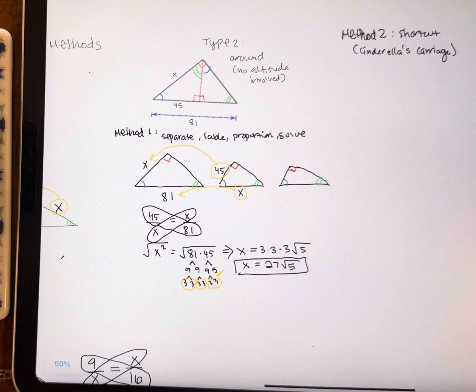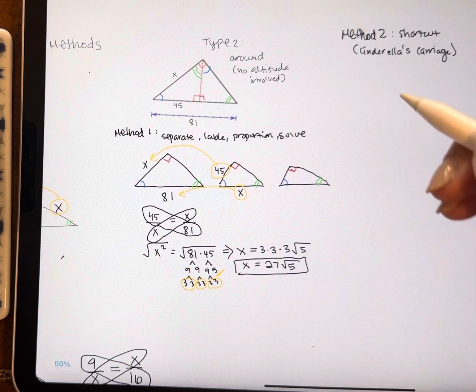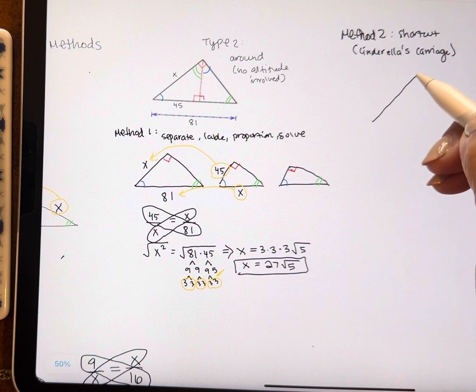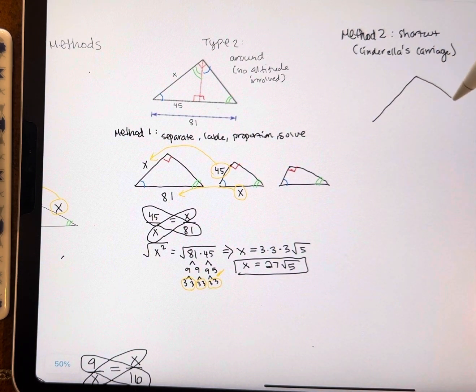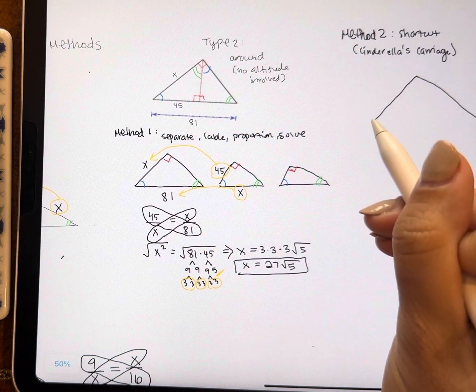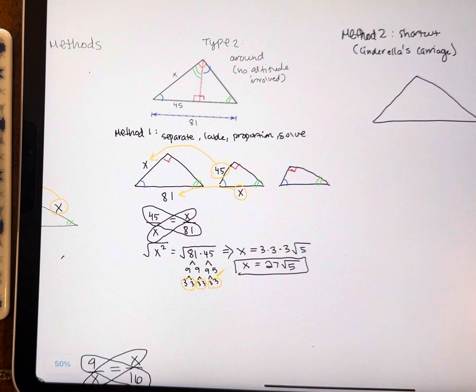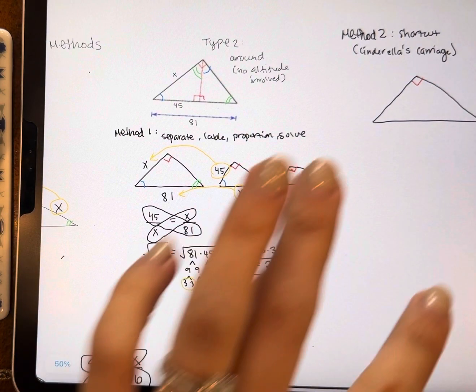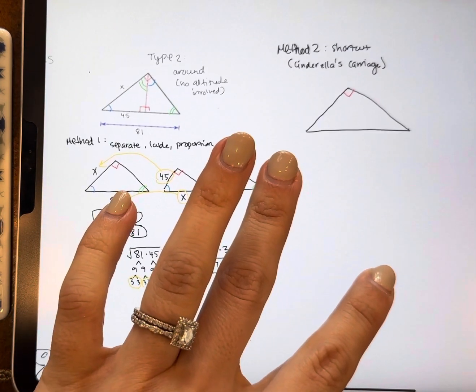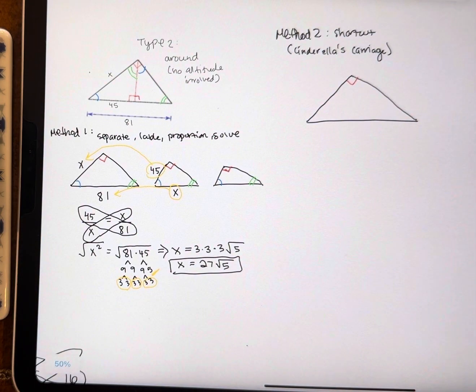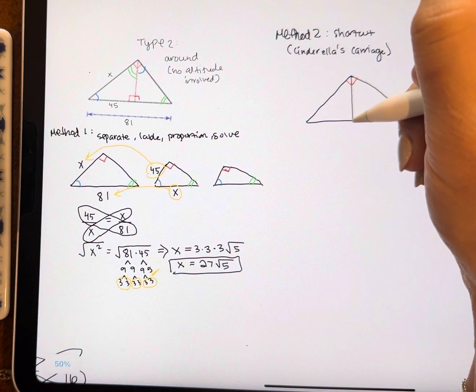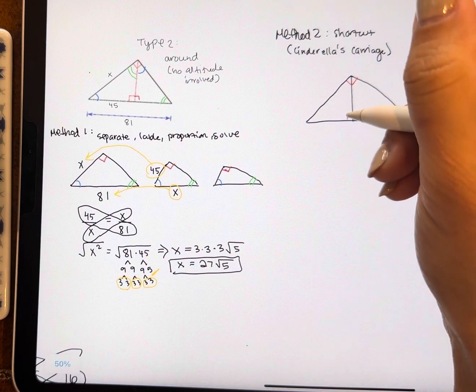So let me show you what I mean. So first I'll draw the triangle, all right? Okay. We've got the right angle right there. And then we've got the altitude. And then we've got these right angles here.